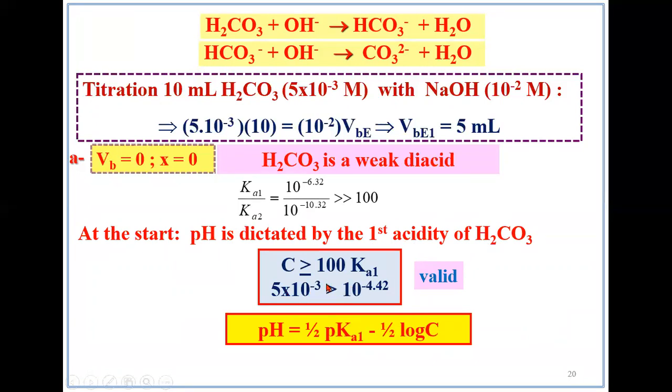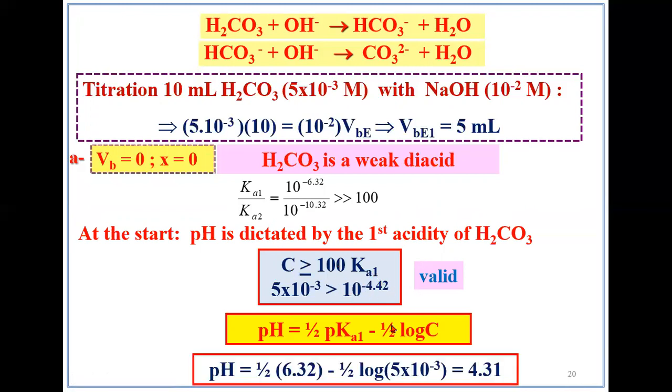You just have to check it: take C divided by Ka1, see if it's greater than 100, or do whatever you're used to doing, and continue. If it works, great. Find the pH, substitute pKa, substitute C, get the pH value.